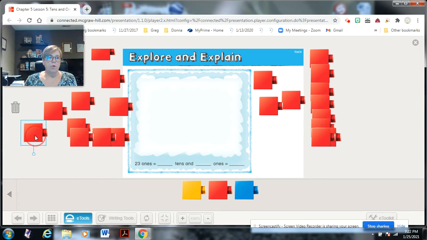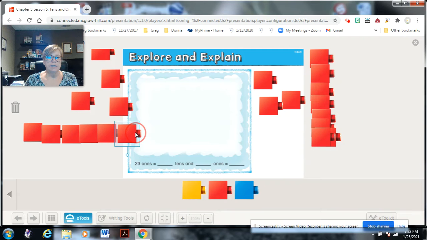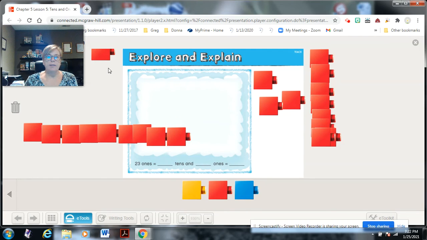And then 1, 2, 3, 4. Whoops, those are stuck together. 3, we go. 4, 5, 6, 7, 8, 9, 10. I had to make sure I grabbed hold of that.